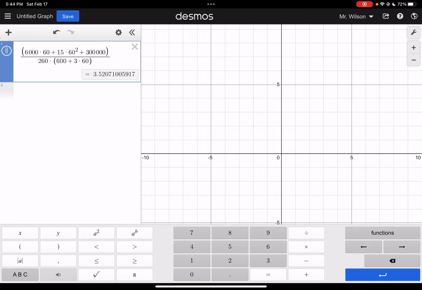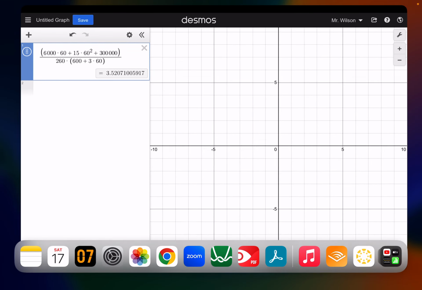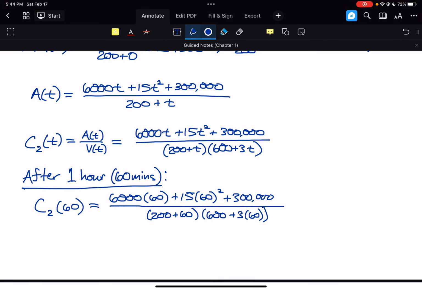So about 3.52, and we could simplify it to 595 over 169 if we're looking for an exact answer, but we get about 3.52. And this is a concentration, so this is grams per liter.